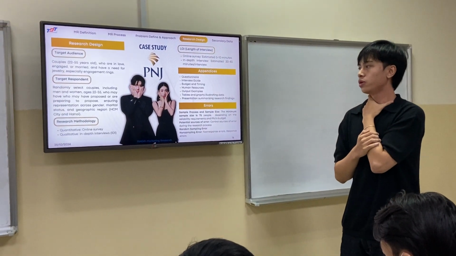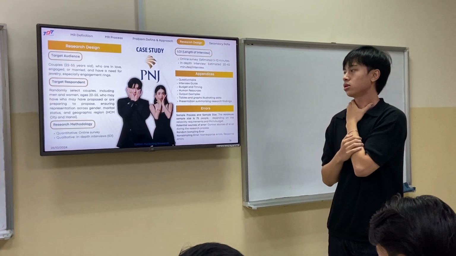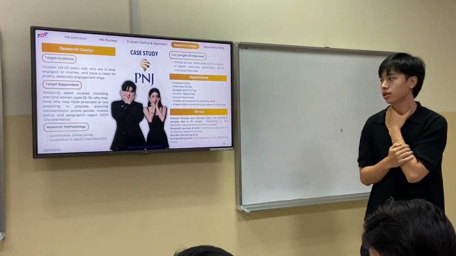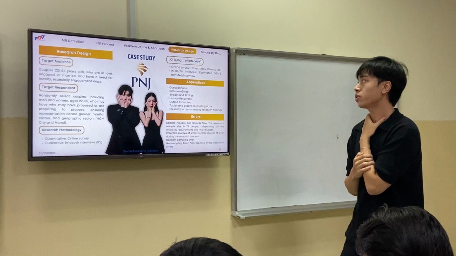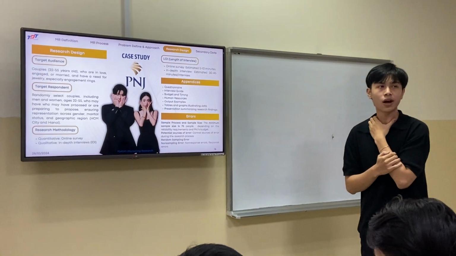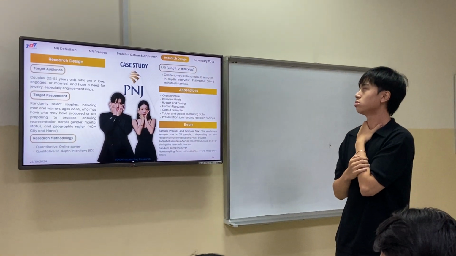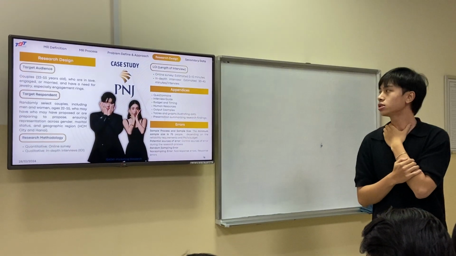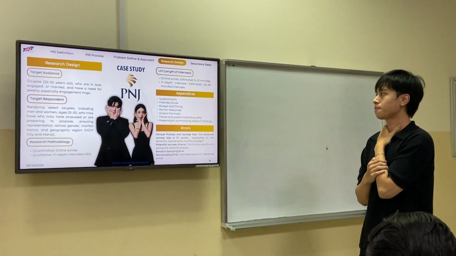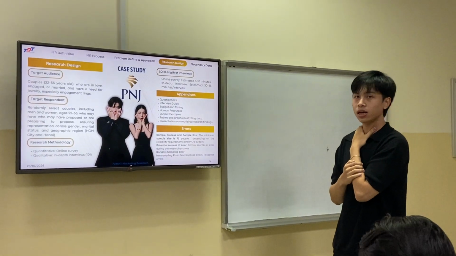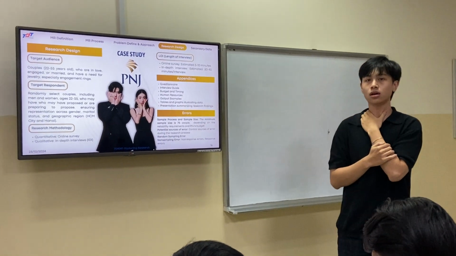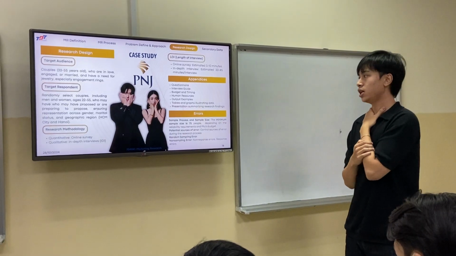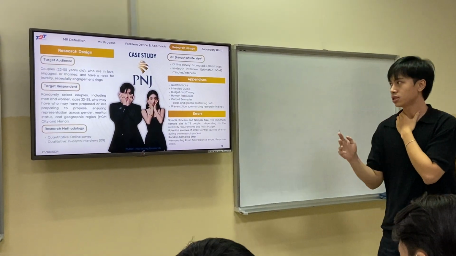We will research with quantitative, which is online surveying, and qualitative, where we will use the in-depth interview to talk with them. The length of the survey is about 5 to 10 minutes, and the in-depth interview is about 30 to 45 minutes. The sample size does not need to be larger than 75 units, and depends on the money that PNG is capable of spending.